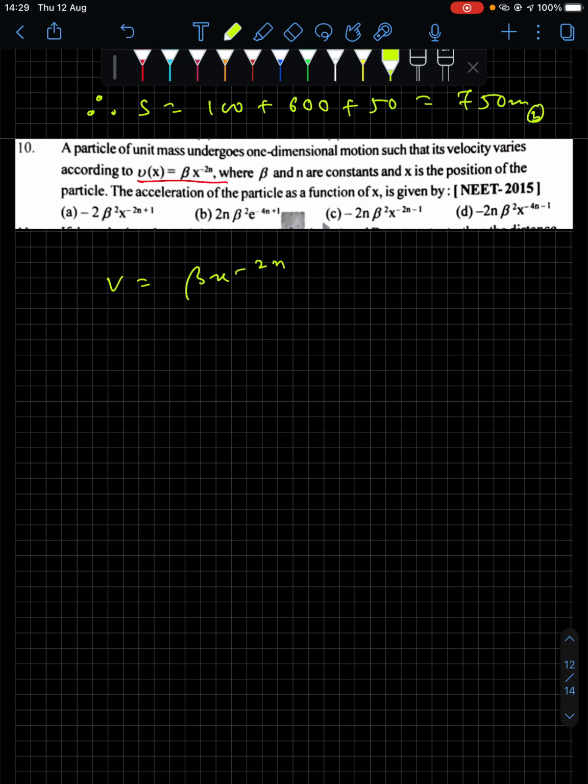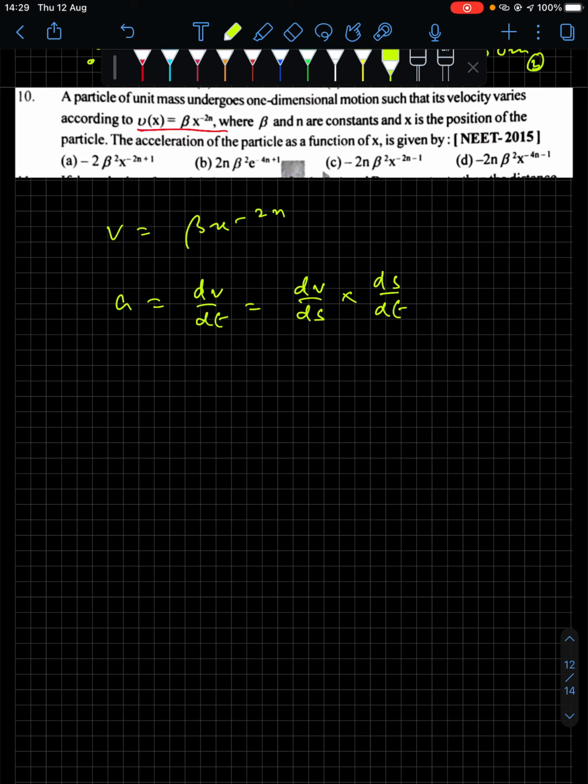Now we can write this for acceleration. You see, we have dv by dt, right? But we can write this as dv by dx into dx by dt, because the equation is in terms of x.